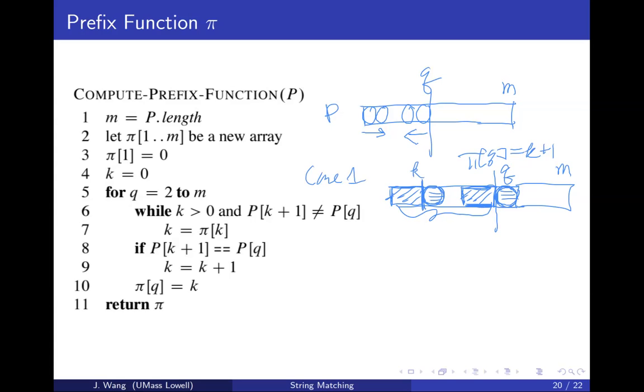Then, of course, case 2 says the previous one is equal, but this guy is not equal. This is still Q. Now, what do I do?